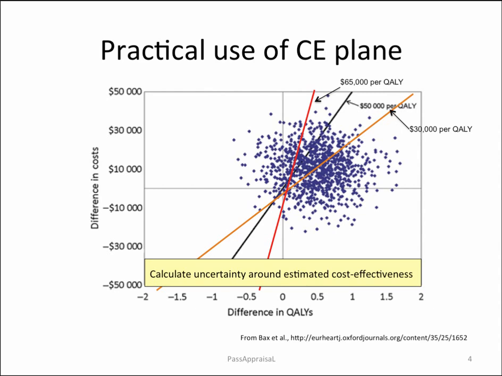This is a bit similar to the estimate of confidence intervals in parametric statistics. CEAC stands for Cost Effectiveness Acceptability Curve. This is another way of presenting the uncertainty around the acceptability of cost effectiveness.